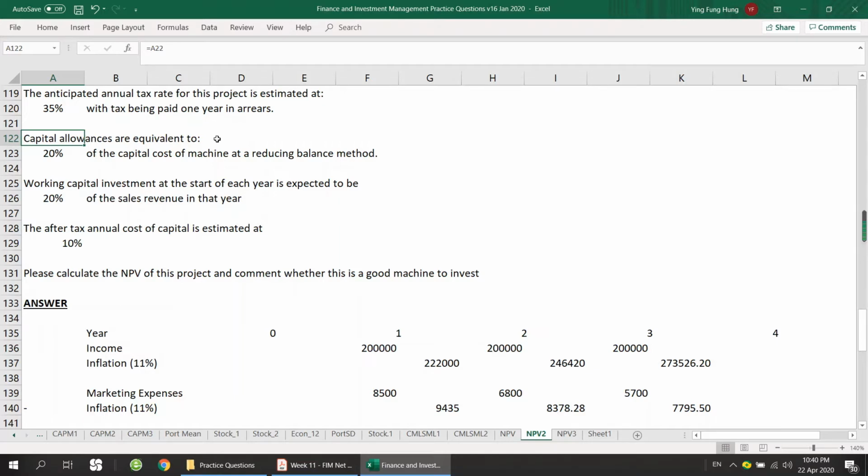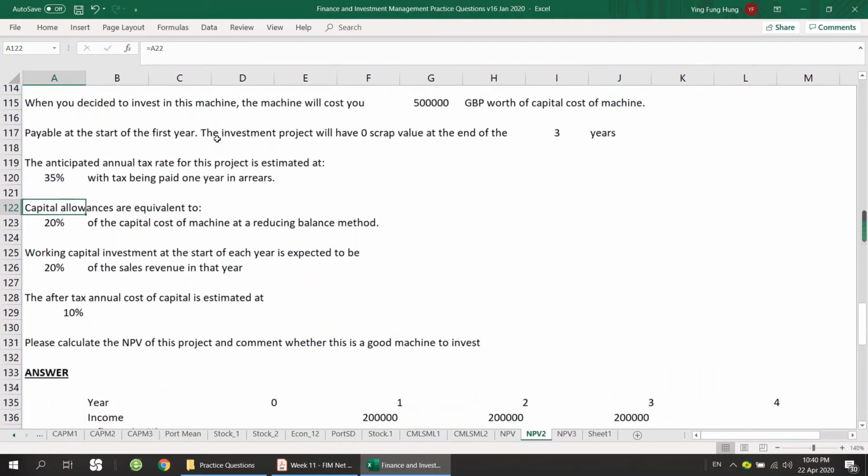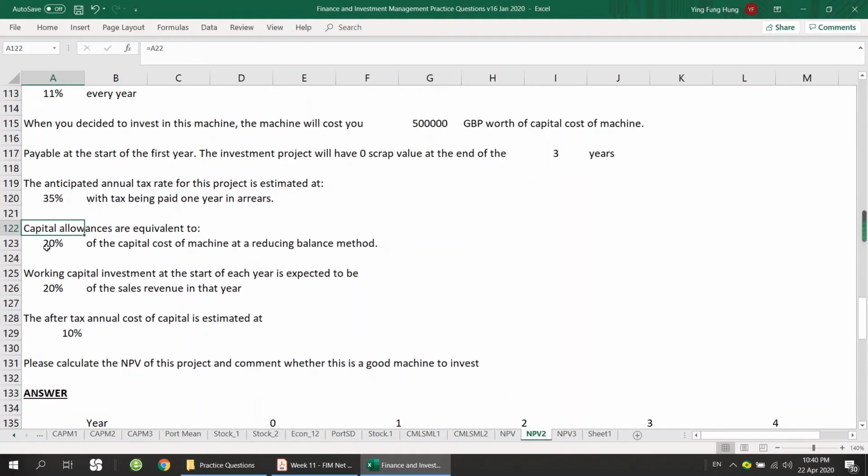The first one is that since the capital allowance is 20% of the cost of the machine, which is this 500,000, and the tax is 35%, then the capital allowance for the first year will be 35% times this 20% times this 500,000.